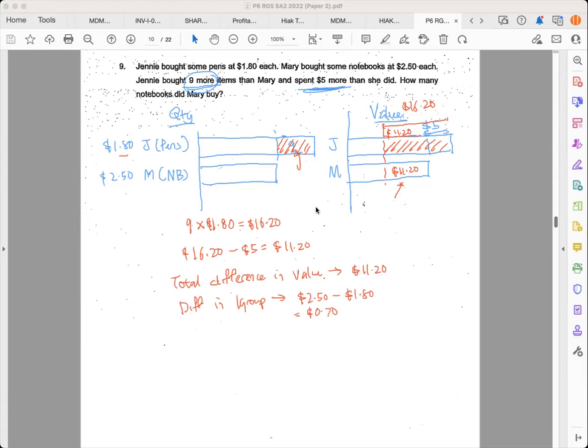So the difference in one group is 70 cents. The number of groups is $11.20 divided by 70 cents, and you get 16 groups. The question is, how many notebooks did Mary buy? So this is the answer, 16.